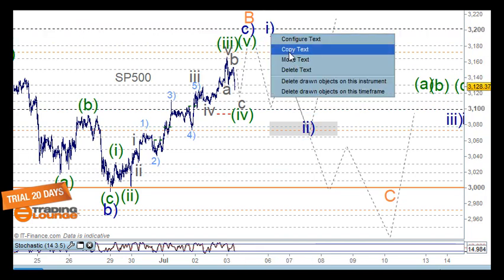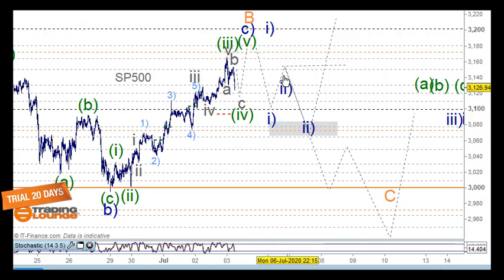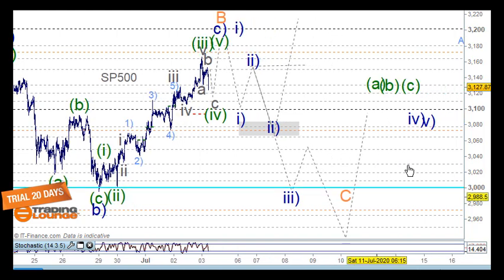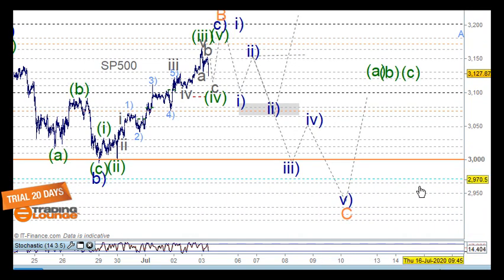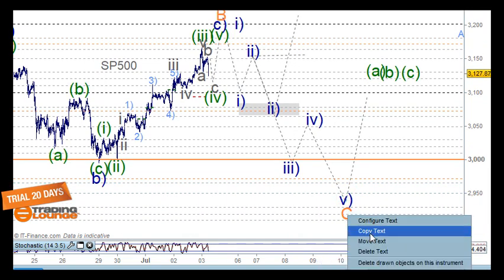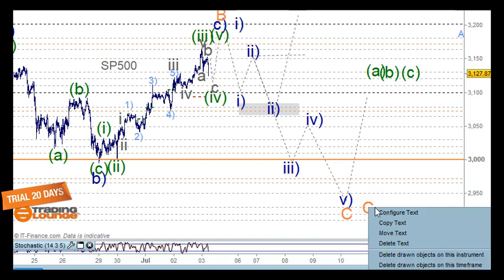Otherwise, we'll be looking at wave 1 here, 2 here, 3 here, and 4 here, and 5 here for wave C here, or wave 4 here. We need to look at that too.